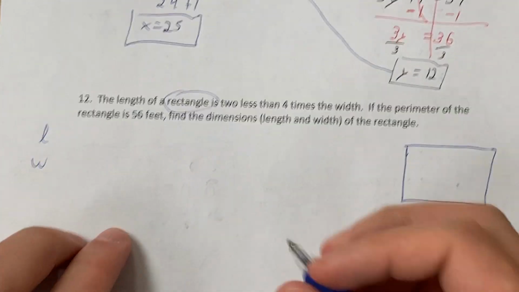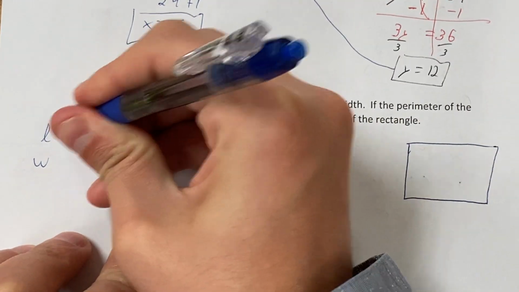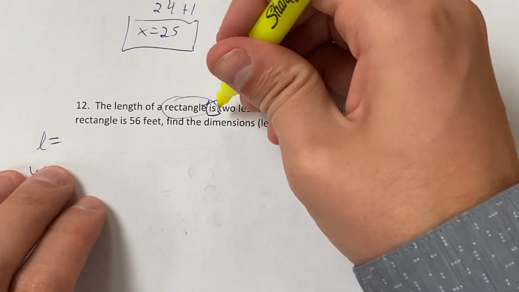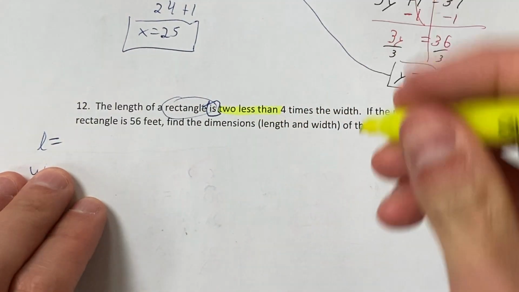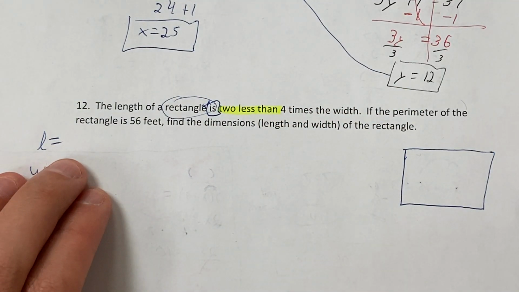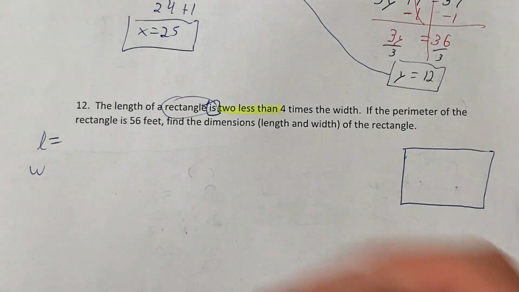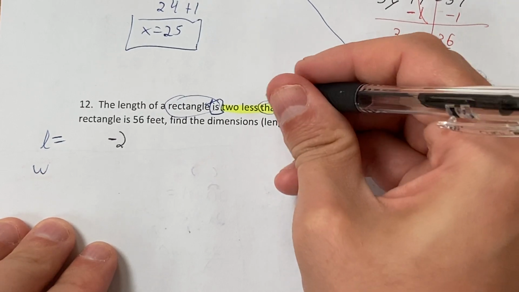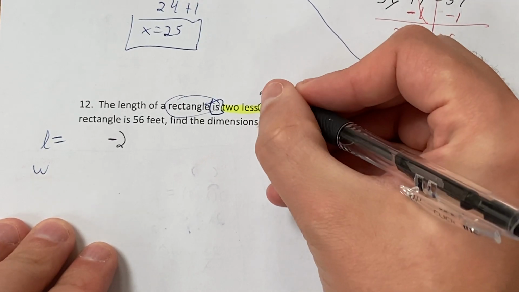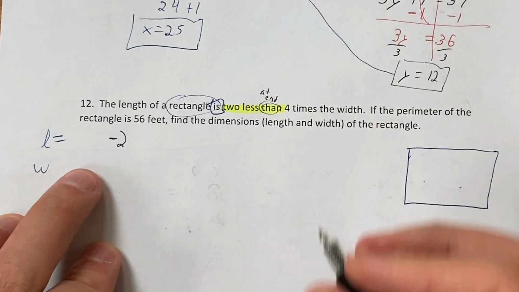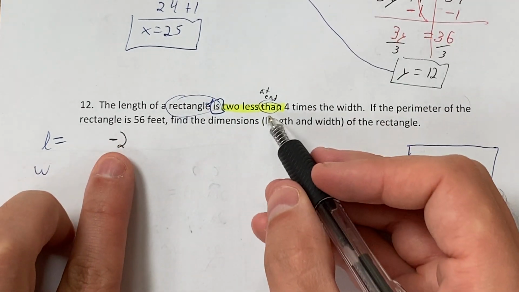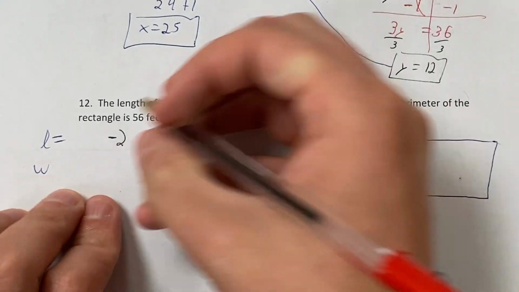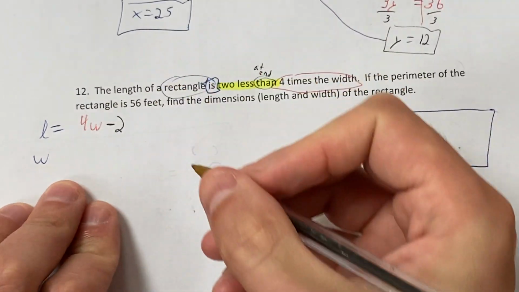It says the length of a rectangle is, so that's equal, let's see, 2 less than means it's going to end with a -2, because remember the whole less than part means it's going to be done at the end. So 2 less than 4 times the width.